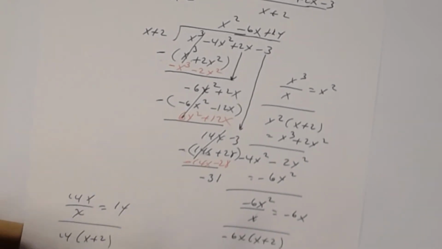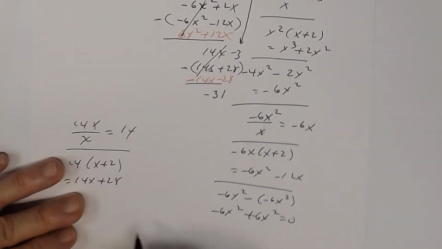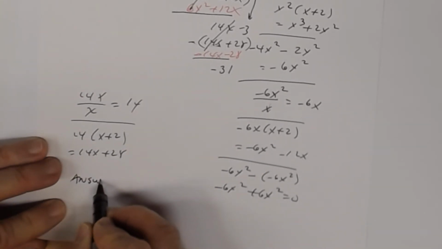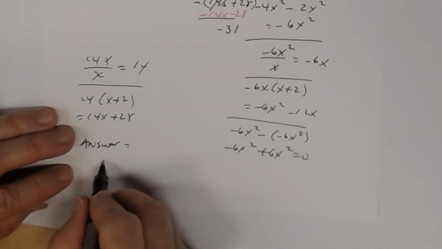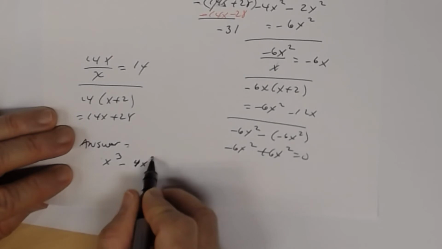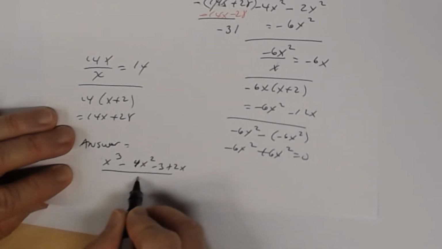Okay, so basically you're saying this. Since I have a remainder of negative 31, you're going to say the answer will be, and let me go ahead and write down the problem. So here's the problem. You had x cubed minus 4x squared minus 3 plus 2x divided by x plus 2.